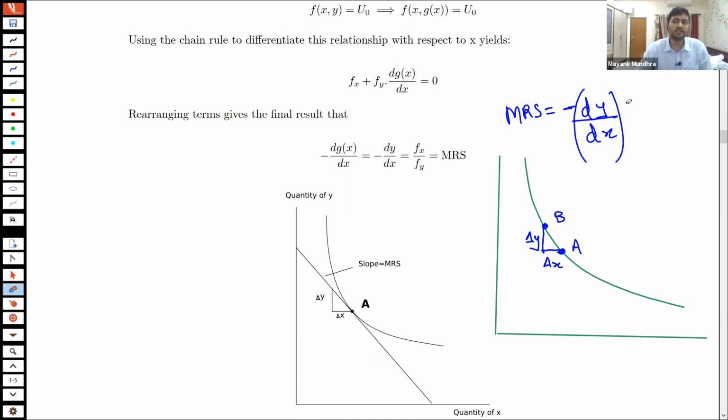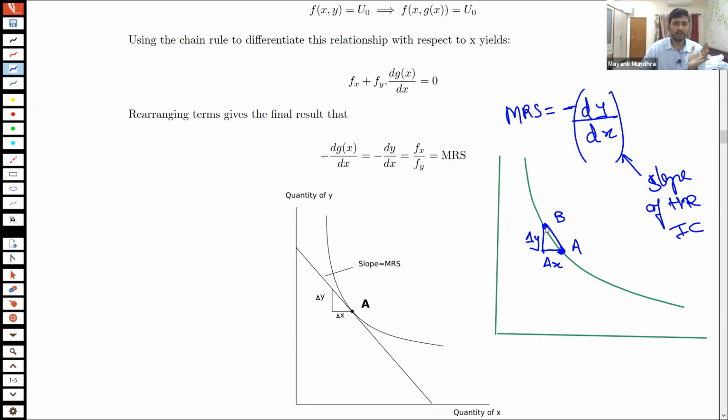Now dy by dx is nothing but the slope of any curve, here the slope of the indifference curve. If you are starting at point A, and these deltas are large values, then it will not be the slope.